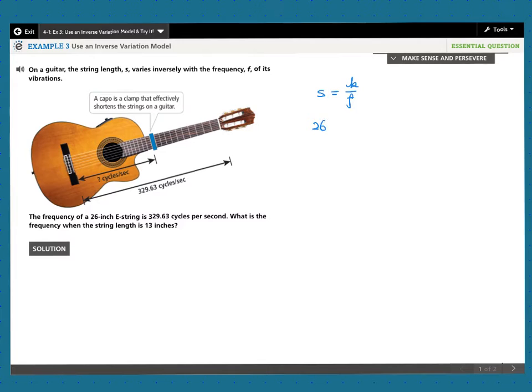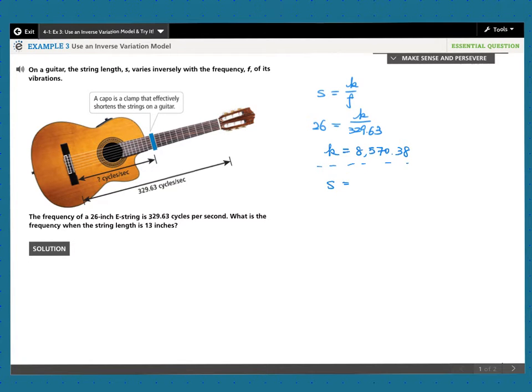So now I have the length at 26 inches, and I have the frequency of 329.63. You do need your calculator, or just calculate by hand, I guess. I have 8570.38 in my notes. So now that you solve for k, you have to write the equation back. So that's the first step, right?